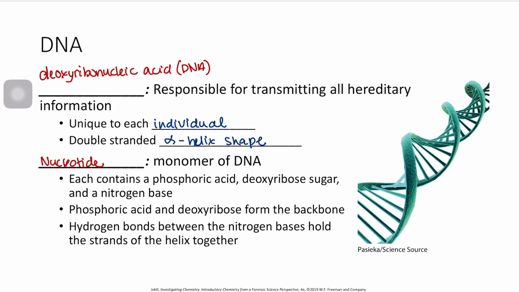And those nitrogen bases can be different. And here is the helix, if you will, of DNA that loops around each other based on the really strong attractive forces between the nitrogen bases.